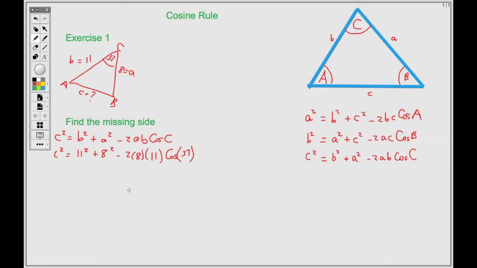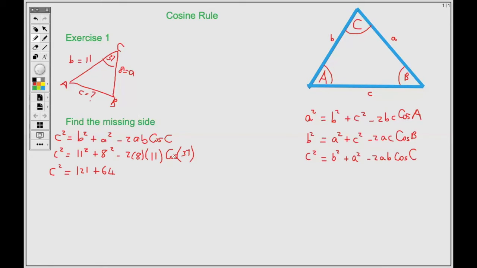Now, calculating this, we're just going to square the 11. We arrive at 121. We square 8 to get 64.